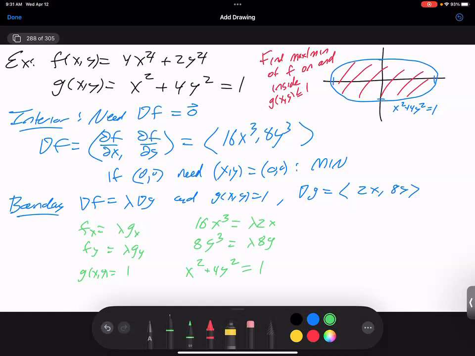When you look at this, we have to somehow solve. We have 3 equations, 3 unknowns. How would you solve 3 equations with 3 unknowns? Substitute. So can you see any nice way to eliminate some of the variables?